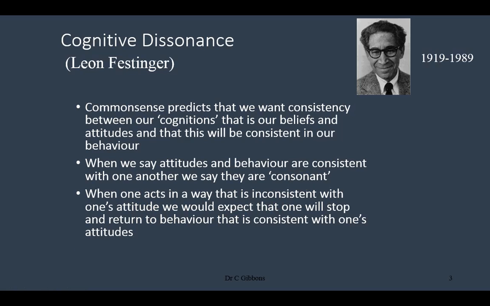You would think from a common sense point of view that you would come back into line. But what Festinger finds is that sometimes, rather than revert back to acting consistently with their attitudes, people oddly will change their attitudes, or they may find some kind of rationalizing reason to explain why they're acting counter to their attitudes.